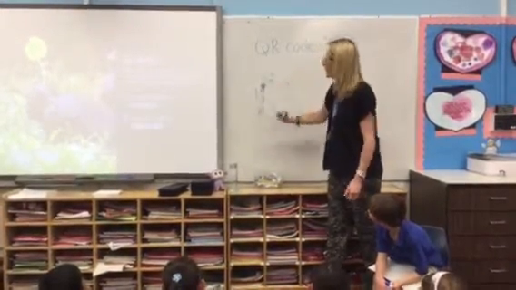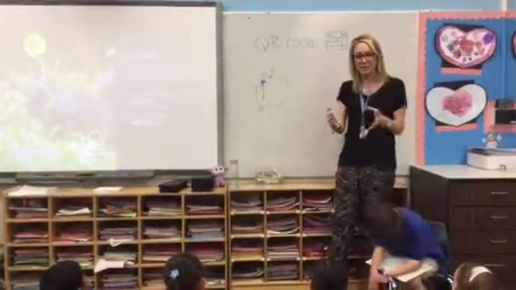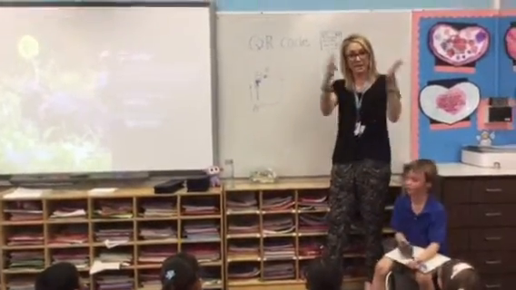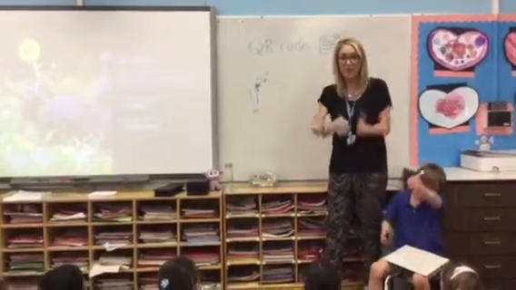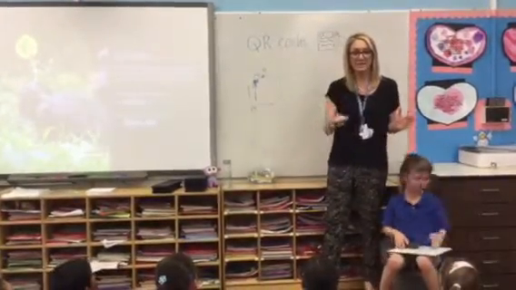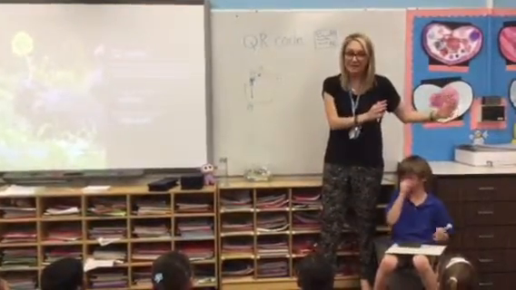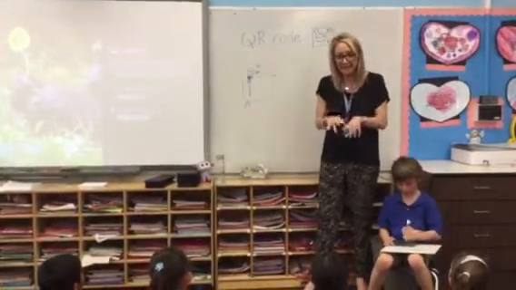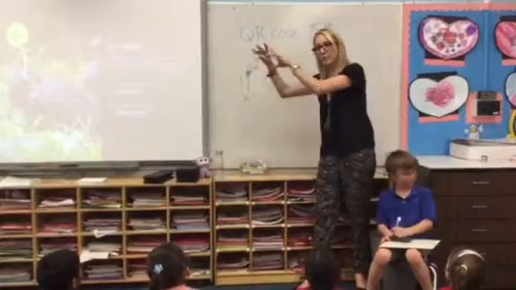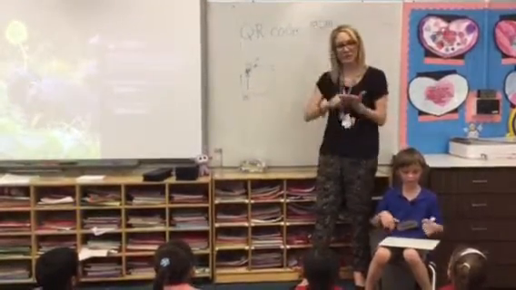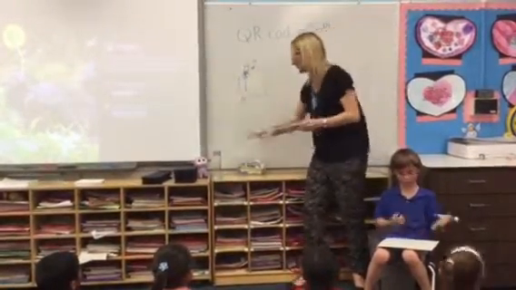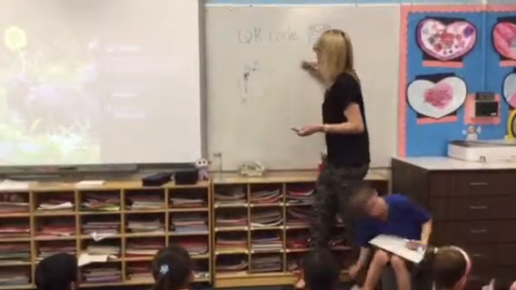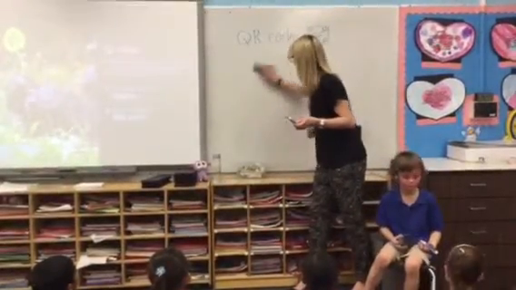So a QR code is a shortcut to get you to a place that you want to see. To get you to abcmouse.com, we can make a QR code. To get you to your Adobe Voice that you made, we could make a QR code. Instead of logging in and putting in your name and information, you can have a QR code that takes you right there.